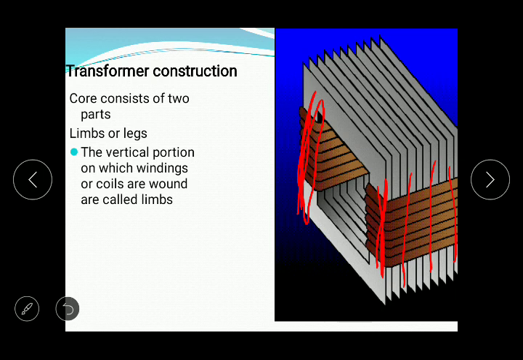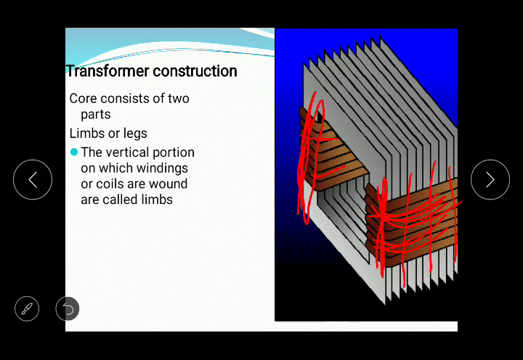The vertical portion on which winding or coils are wound is called limbs. This winding is wound on the limbs.